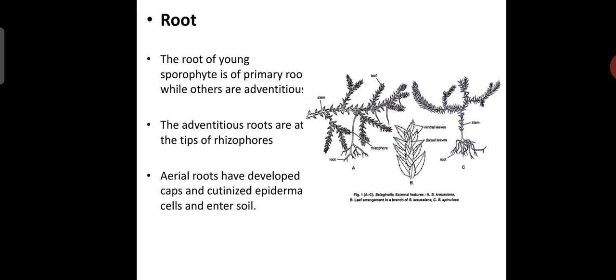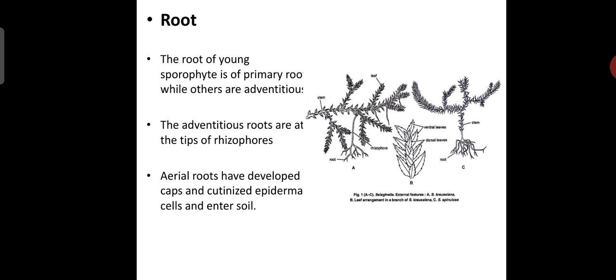Root. The root of the young sporophyte is a primary root, while the others are adventitious. The adventitious roots are at the tip of the rhizophores.